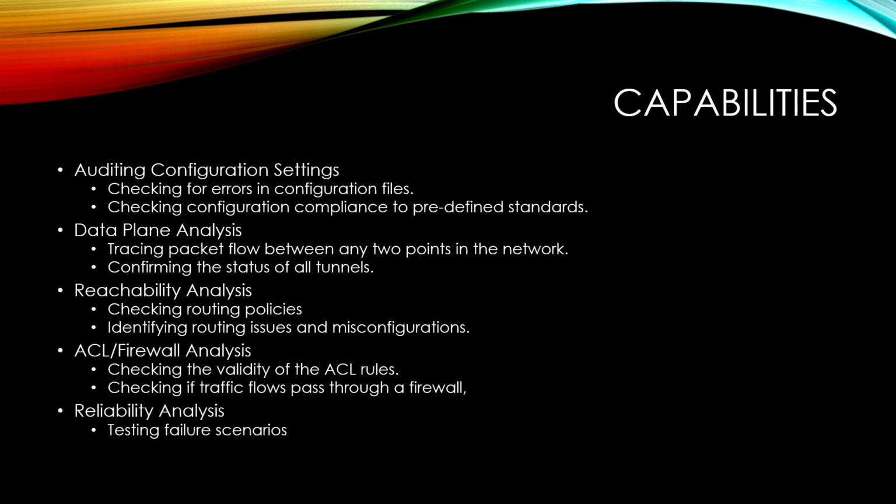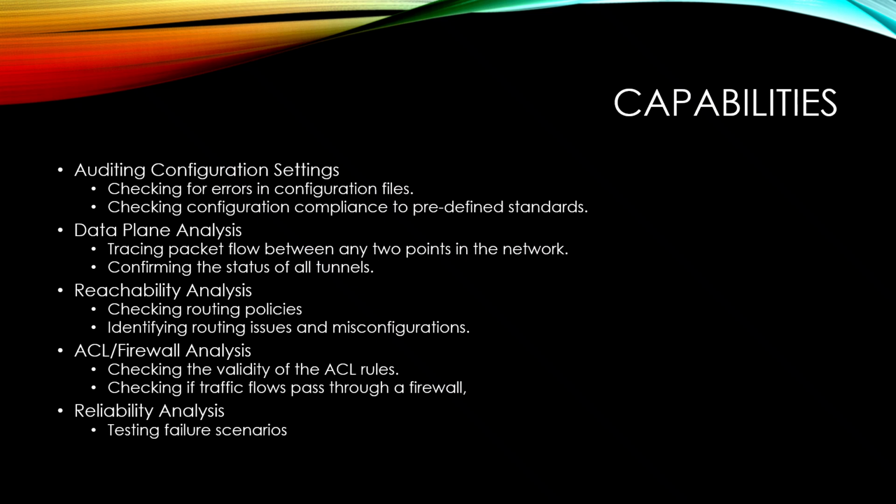Batfish can do a lot of neat things. For example, you can discover any errors in the configuration files. It tells you if there is a missing line or a line that is misconfigured. It can also discover if packets can go from point A to point B in any part of the network. It can check the routing policies. It can tell you if IPsec is properly configured and working.